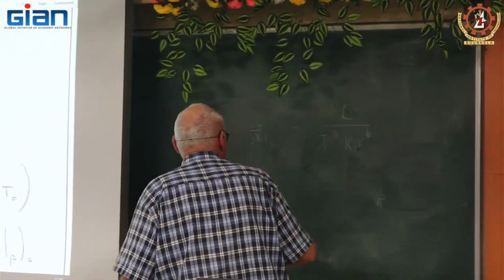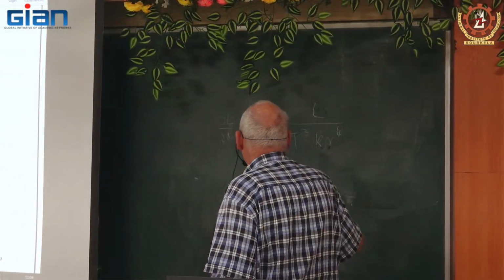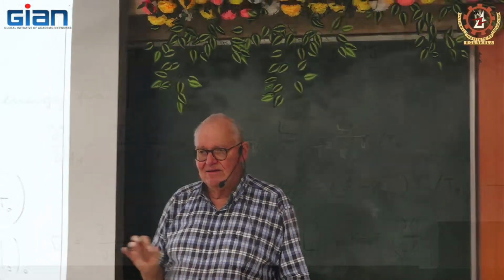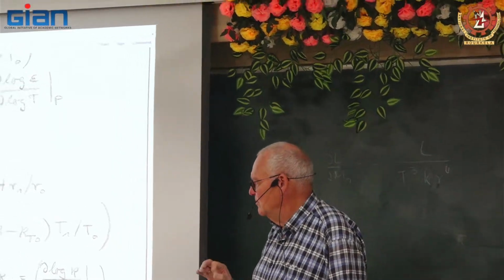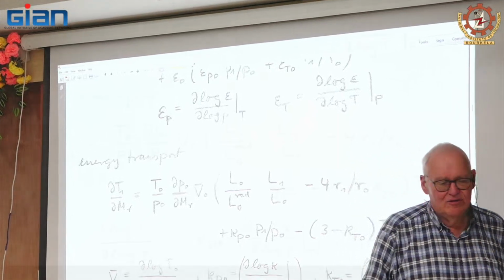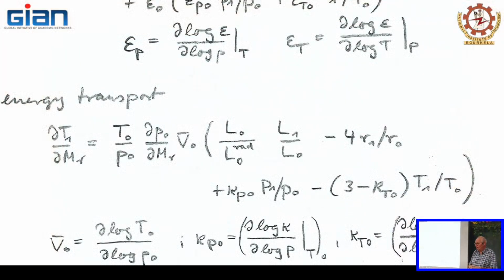Well, the opacity then gives you some of these logarithmic derivatives, like the density which we saw before. This is kappa p, the logarithmic derivative of opacity with respect to pressure, times the pressure perturbation, and a comparable analog term with respect to the temperature. So this gives the derivative of kappa with respect to temperature times the temperature perturbation.